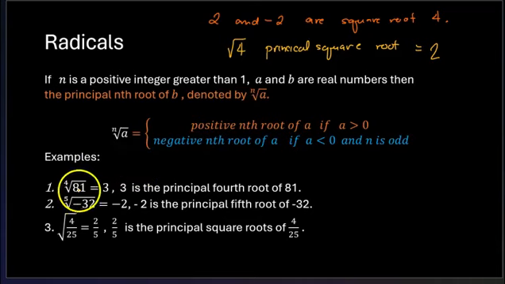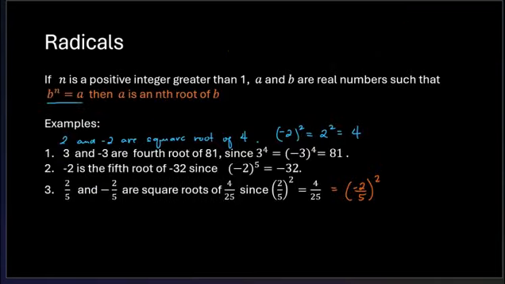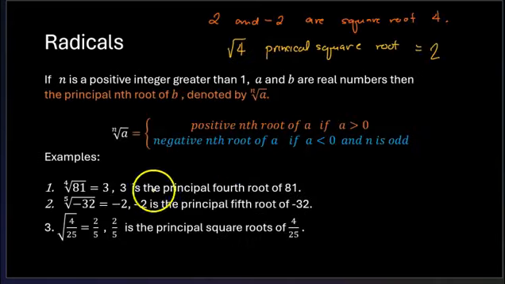Take a look at this one. This is the fourth root of 81. So this is the principal root, you have 3. But earlier, you can see that negative 3 is also a fourth root of 81. But when we're talking about the principal fourth root, we're only considering the positive. But when the number is negative, look at this one, there will only be a negative root also.